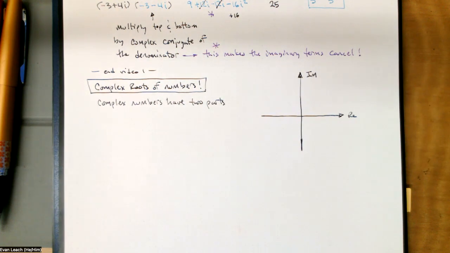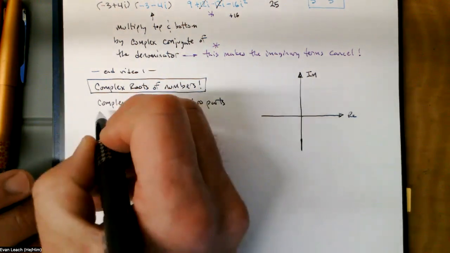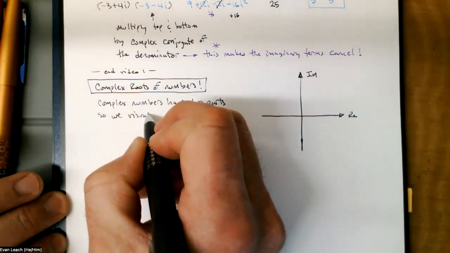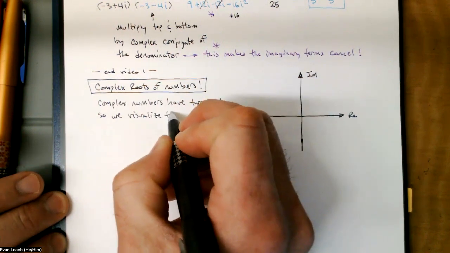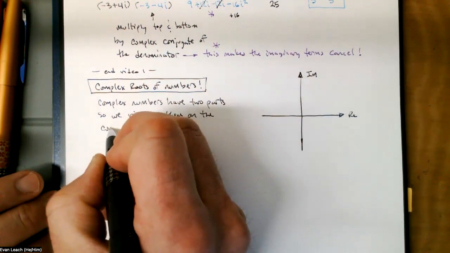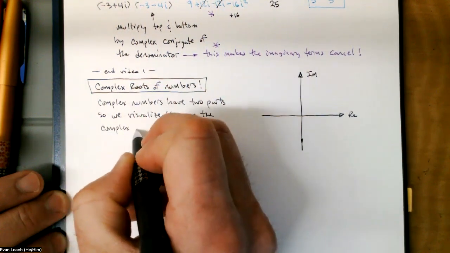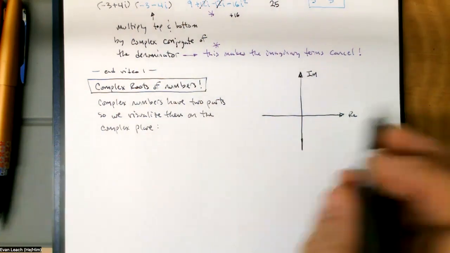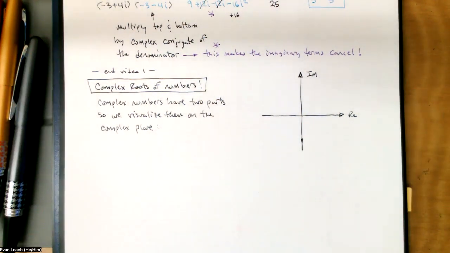Complex numbers have two parts, so we visualize them on the complex plane. One axis is going to be the real axis, and the other axis is the imaginary axis.